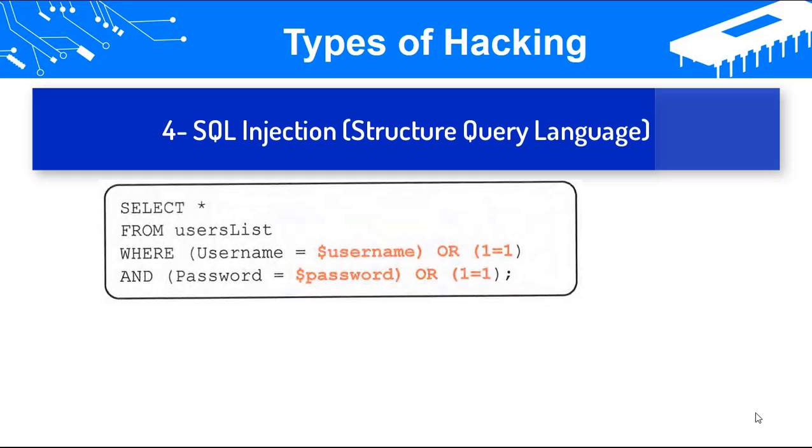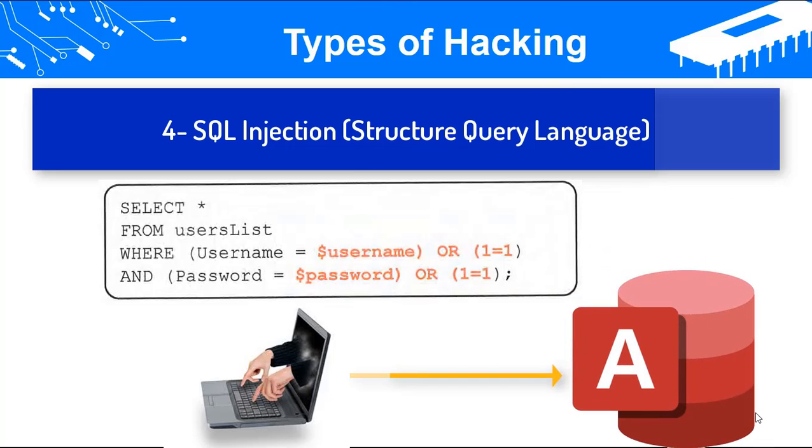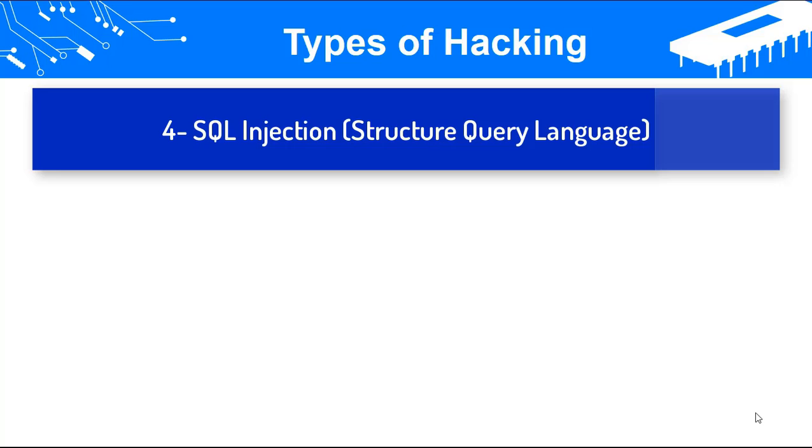The interpreter will accept a username and password from the normal list or when he enters 1 equals 1, since this equation is always true. So now the hacker will be able to see all the records in the database, thus leading to a major breach in security.